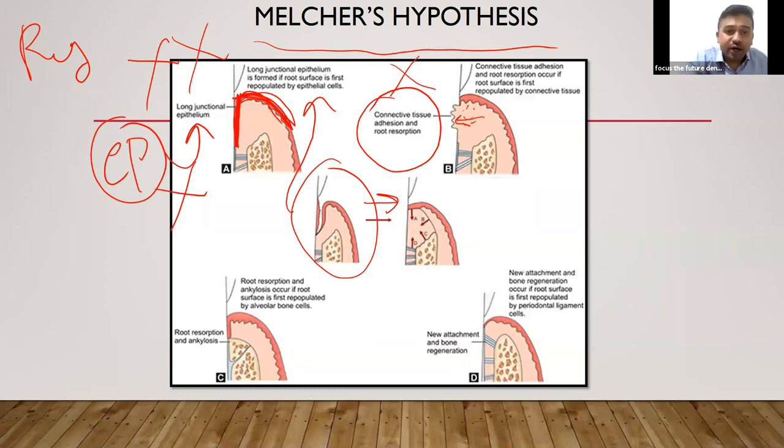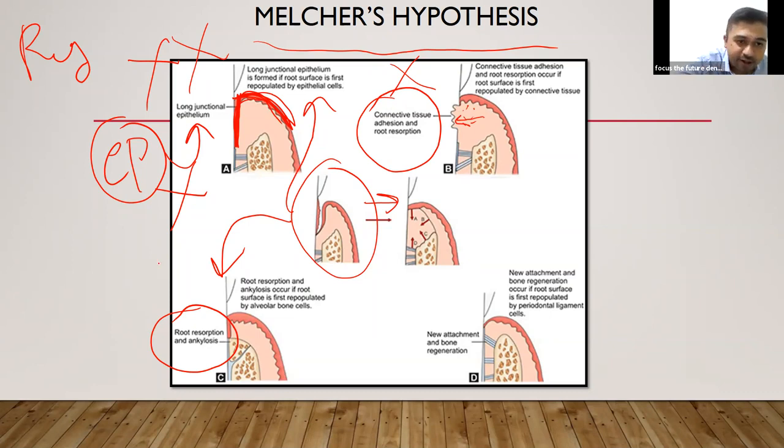Now, the third one: if only your bone cells reach there, what will happen? Again, it will result in root resorption and ankylosis. So is it good or bad?